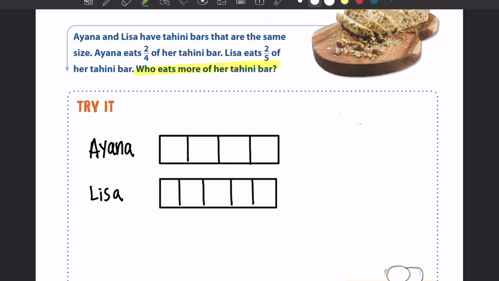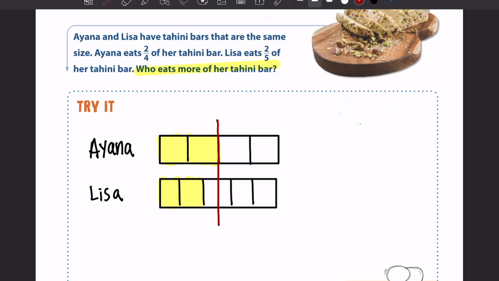Now I'm going to take my highlighter, and let's highlight how many pieces Ayana ate of hers. She ate 2 out of the 4, and then Lisa ate 2 out of the 5. So we can very easily see here that it looks like Ayana ate more of her tahini bar.